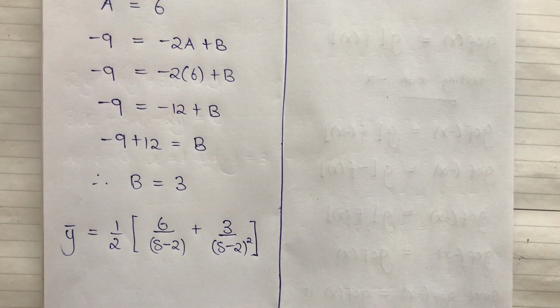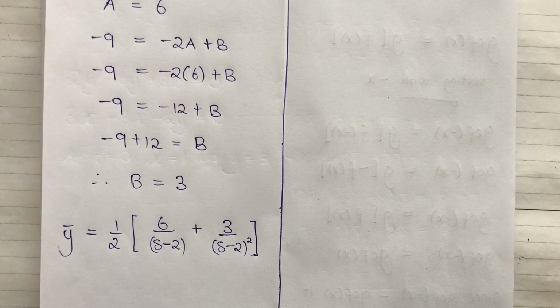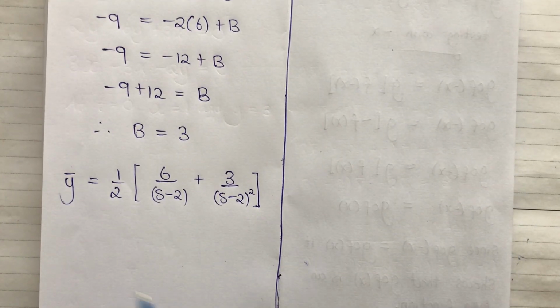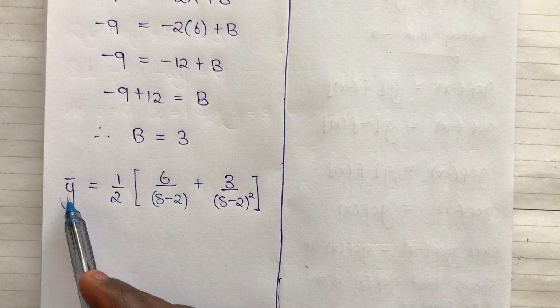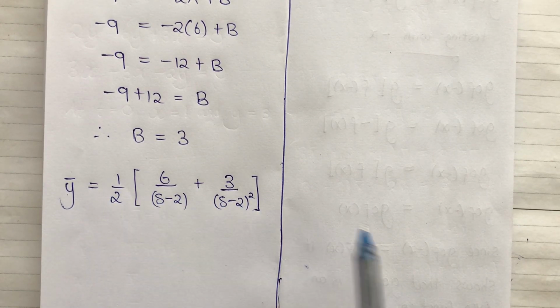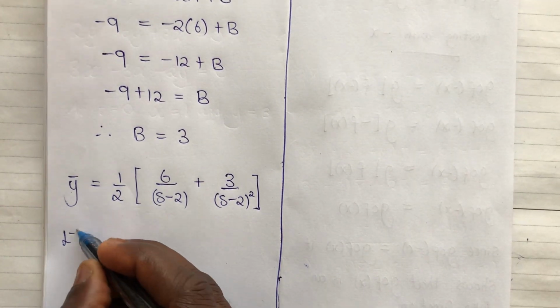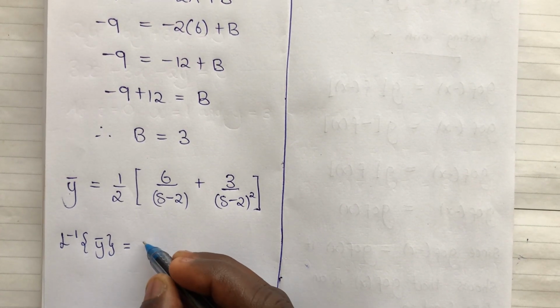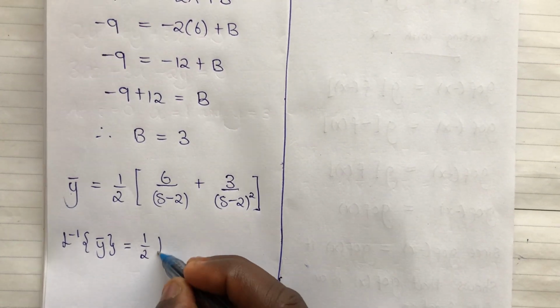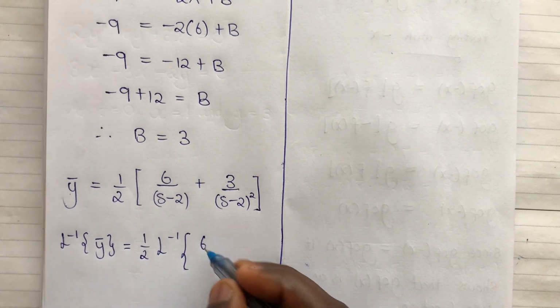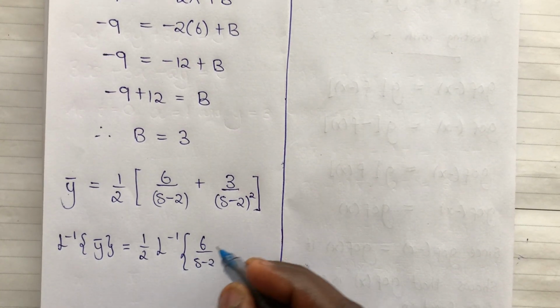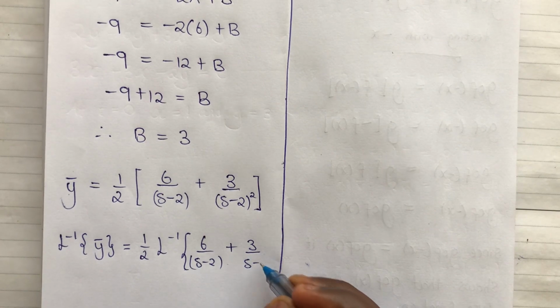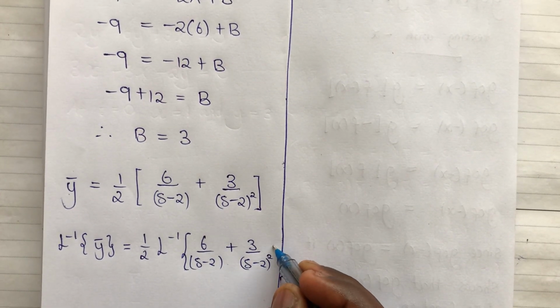Now that we have substituted the values of a and b, we can find y by taking the Laplace inverse of this whole solution. So we take the Laplace inverse of y bar, giving us 1 over 2, the Laplace inverse of 6 over s minus 2 plus 3 over s minus 2 all squared.